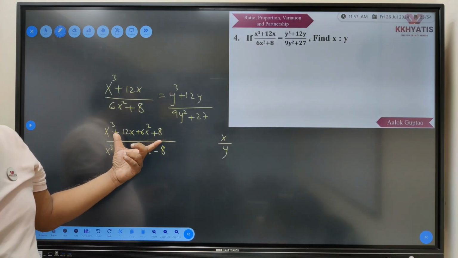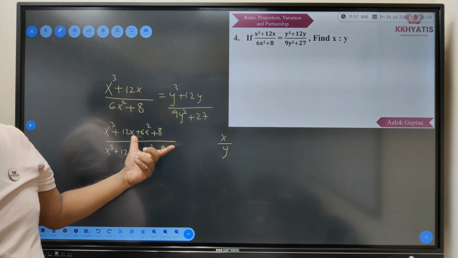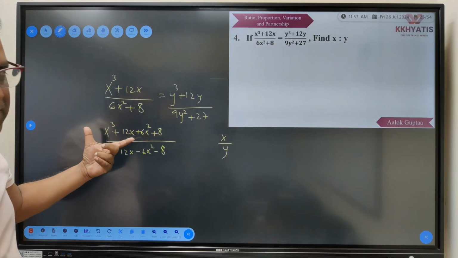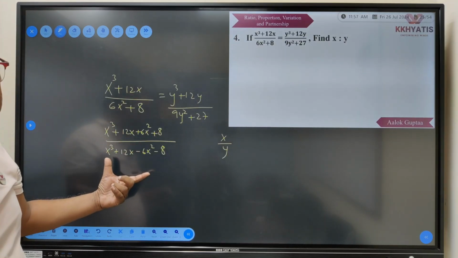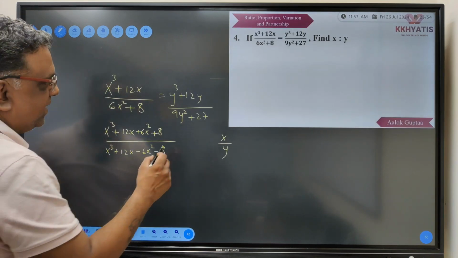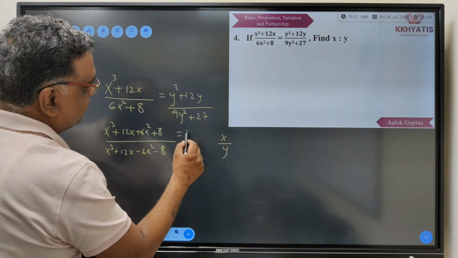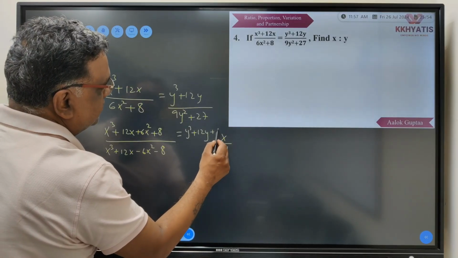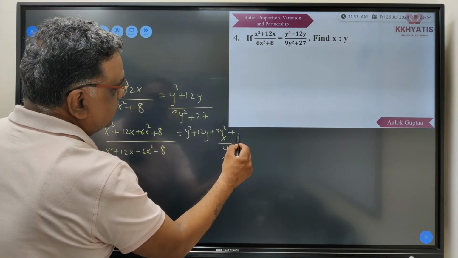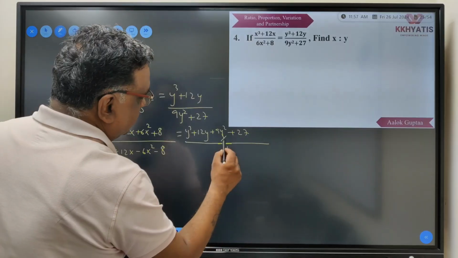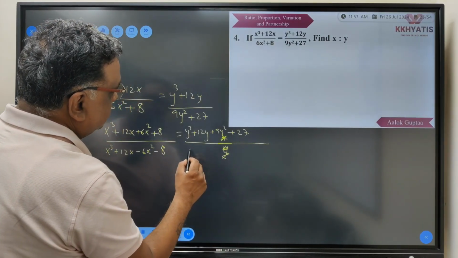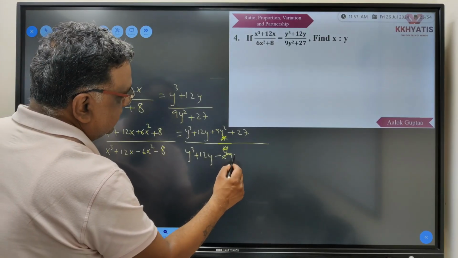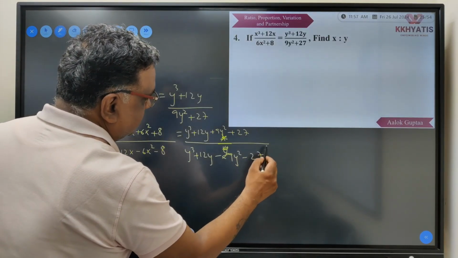A plus b the whole cube is a cube plus 3a square b plus 3ab square plus b cube. So I can see this is x plus 2 ka whole cube, and this is x minus 2 ka whole cube. Similarly, you will find on that side y cube plus 12y plus 9y square plus 27 upon y cube plus 12y minus 9y square minus 27.